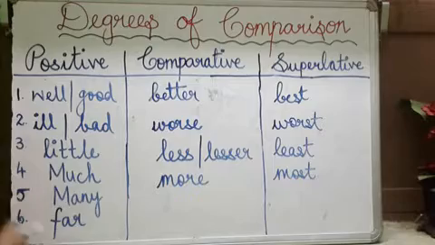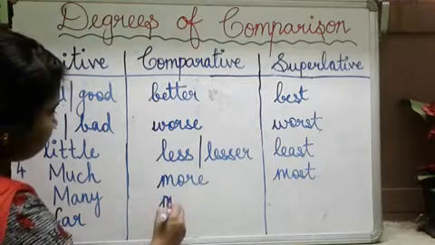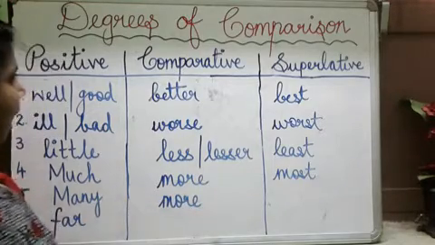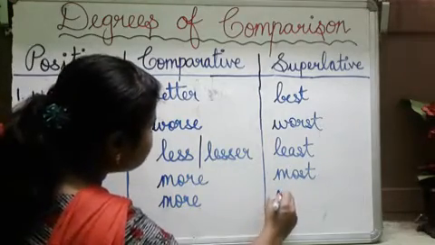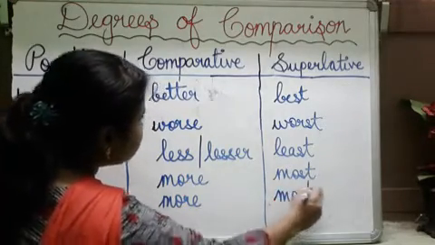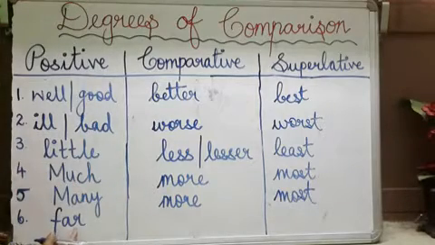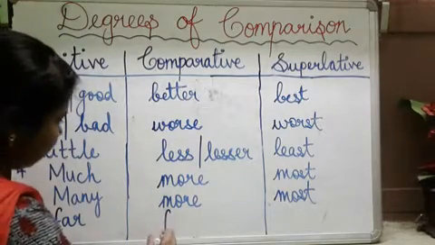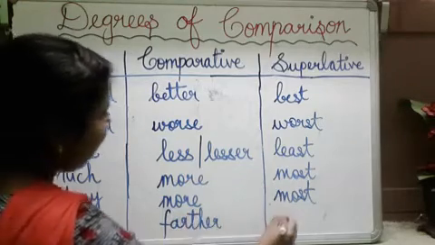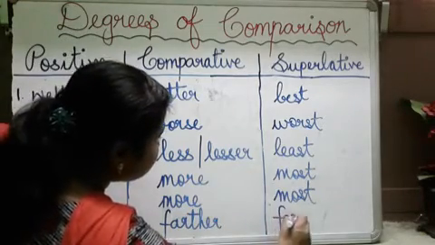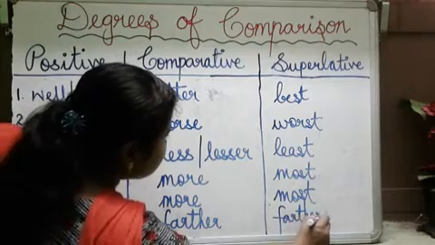Similarly, many will change into more in comparative, and in superlative it will change into most. And for far, the comparative degree is farther, and in superlative it will change into farthest.